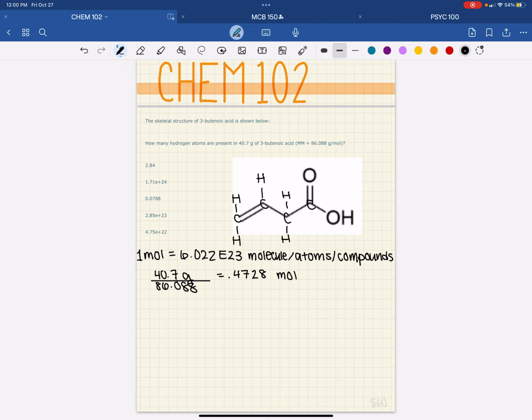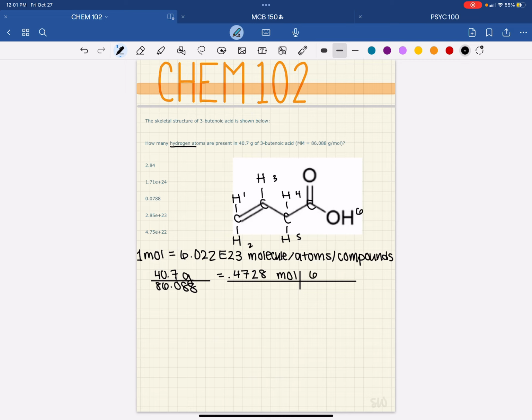So the next thing is I want to know the moles of hydrogen in this molecule because it's asking for the number of hydrogen atoms present, not the number of butanoic acid present. So I need to count how many hydrogen are in this molecule. 1, 2, 3, 4, 5, 6.